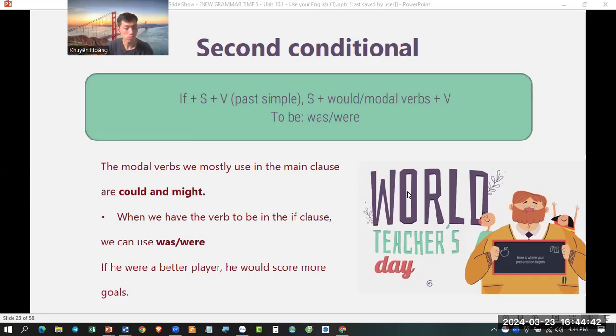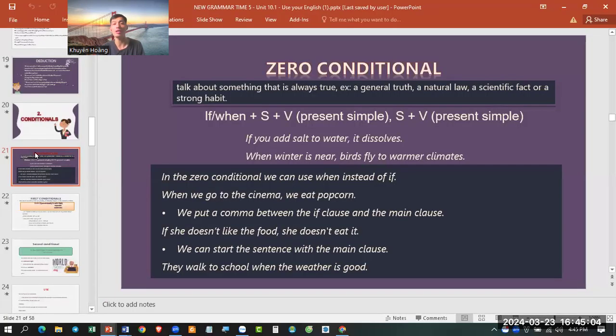Second conditional. Actually, the complete name is second conditional sentence, but we should not say just second conditional because conditional is an adjective and there should be a noun.